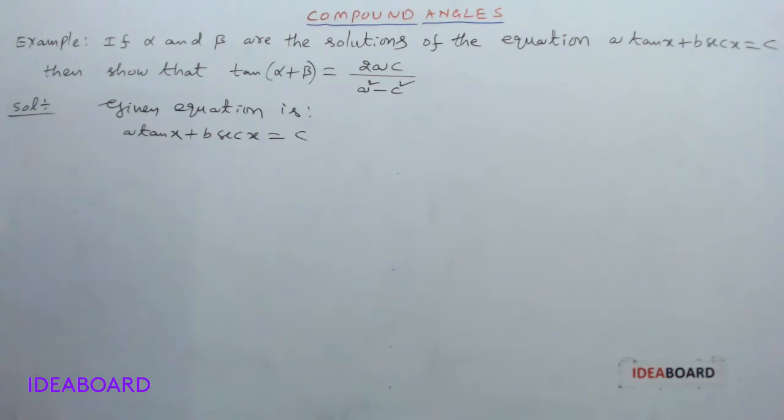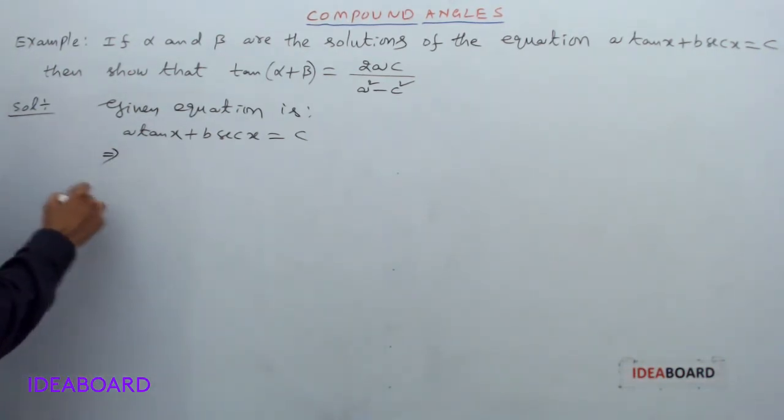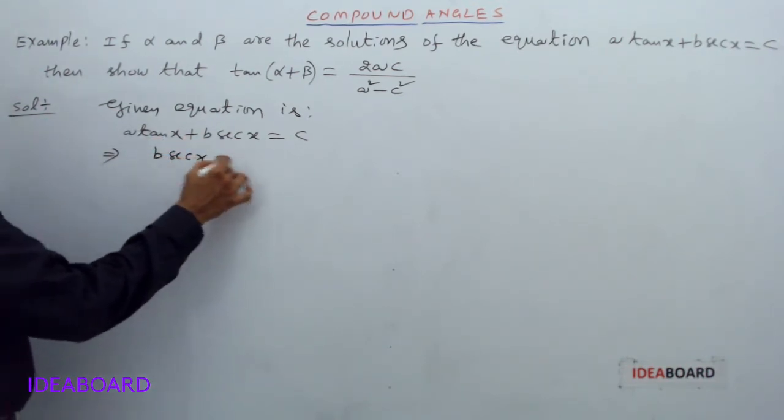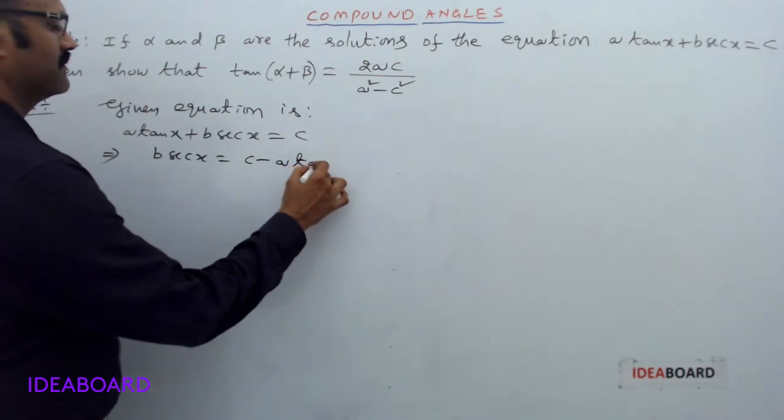Now, b secant x equal to c minus a tan x.